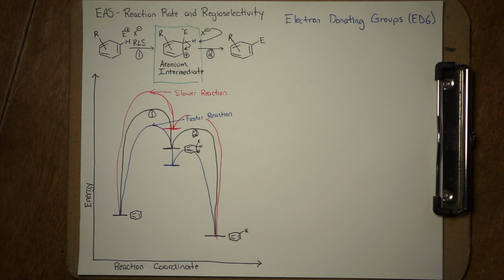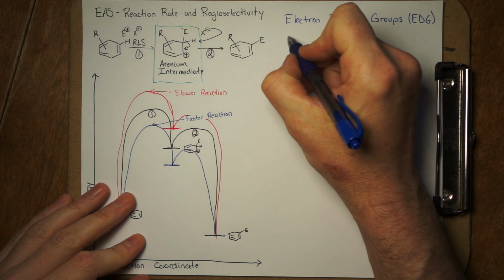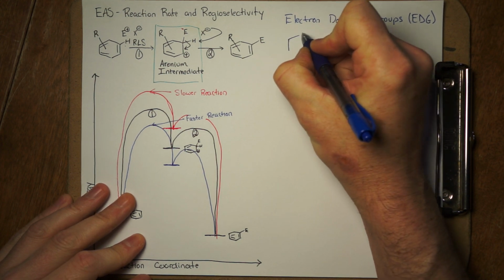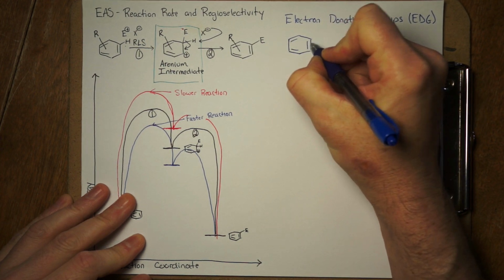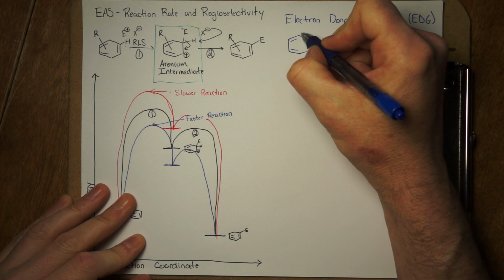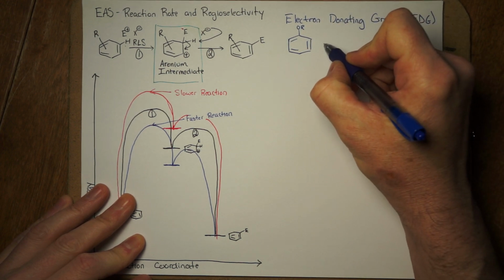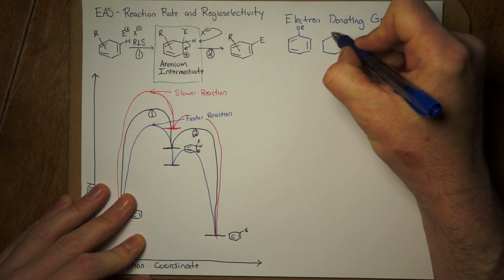They're typically going to be groups that can push electrons into the ring either through resonance or through induction. So some common ones would be a benzene ring with an oxygen attached to it, or a benzene ring with a nitrogen attached to it.